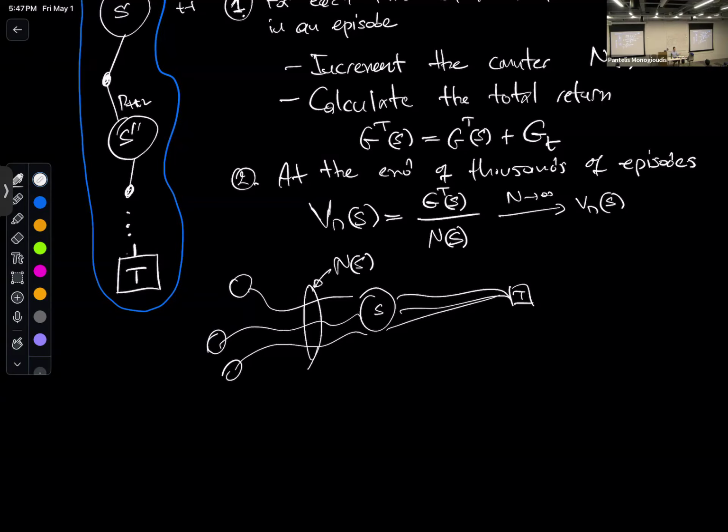I may start from the same state. In fact, I may go into some divergent paths, but yes, I'm going to hit the same state S. And the expression is valid for that specific state S that I'm hitting multiple times. How many times? N of S times.